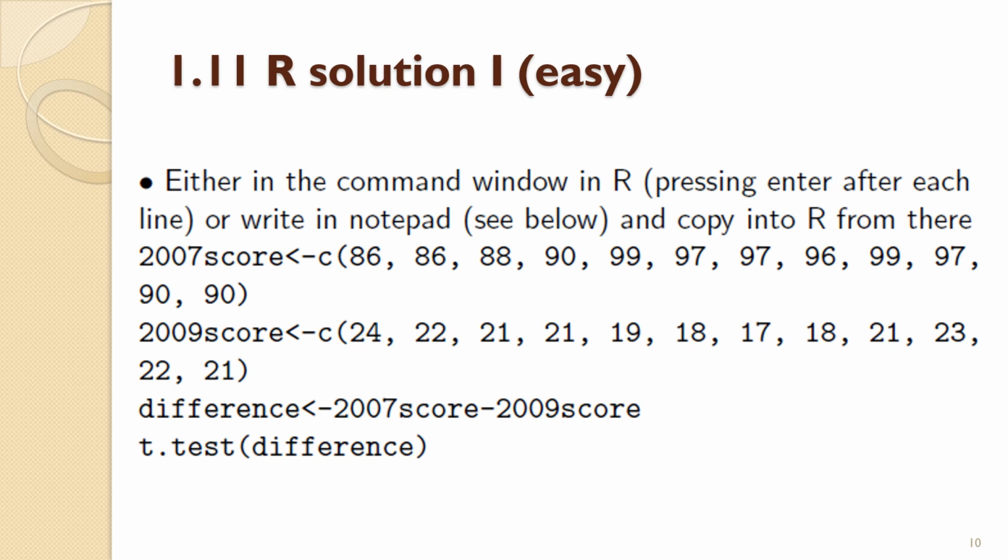From that, you can call these things whatever you like, although I think you have to use letters, not just numbers, in the variable names. And then once you've got this variable difference, the t-test is run by just doing t.test to act as an operator on the variable difference.